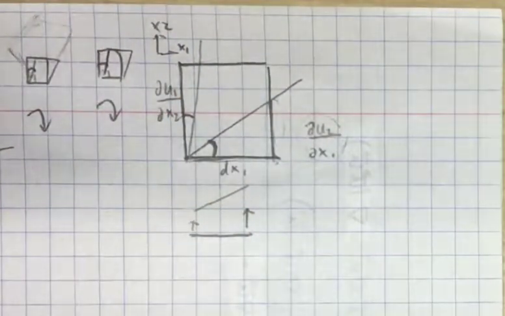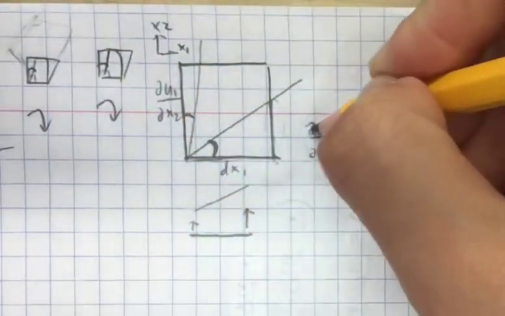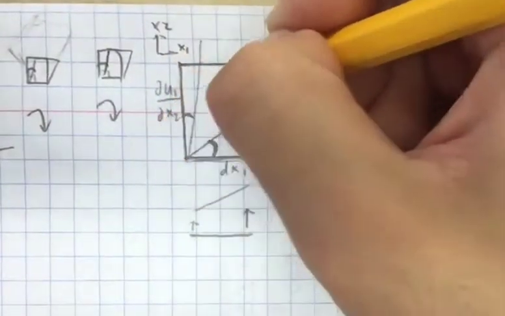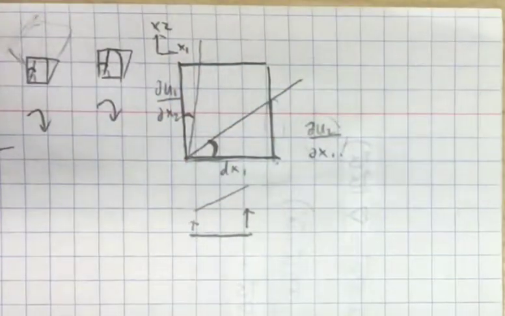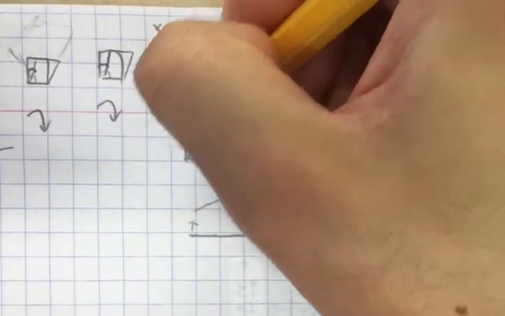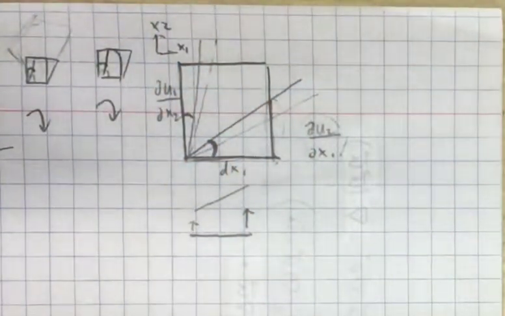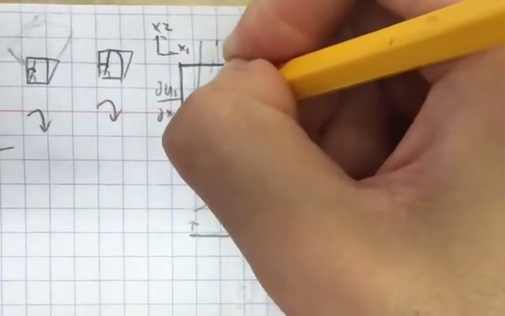Our question remains, how do we define a rotation and an angular deformation? Well, it appears in the picture that this angle and this angle, which are du2/dx1 and du1/dx2, are not of the same value, right? So we artificially make them the same value, something like this, okay? So this is alpha and this is beta, right?